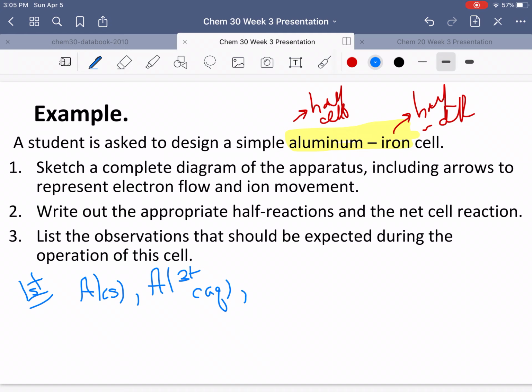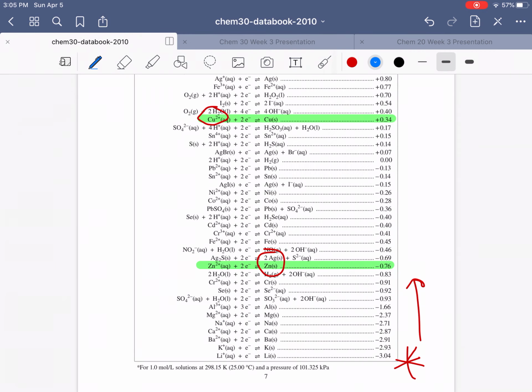Same thing for the iron. The iron, of course, we have iron solid that's there, that's mentioned, but we also would have the most common iron ion present, which is Fe2+. Now, there's a couple things you can do if it's not obvious to you that that would be Fe2+. What I recommend is when you're looking at your table here is find yourself where iron is at, right?